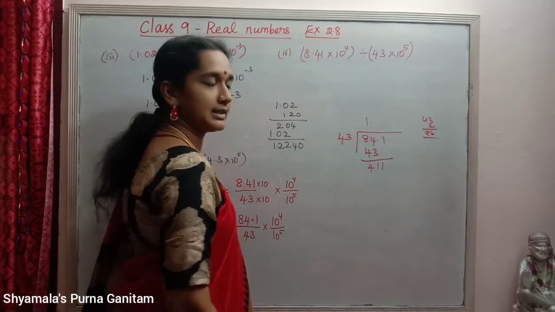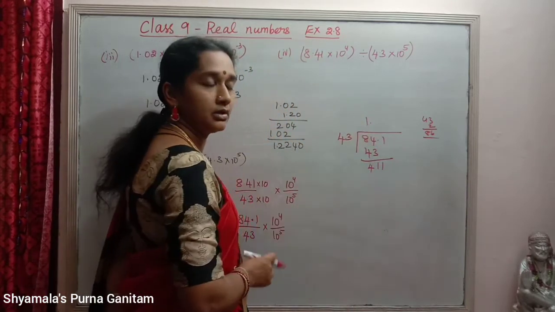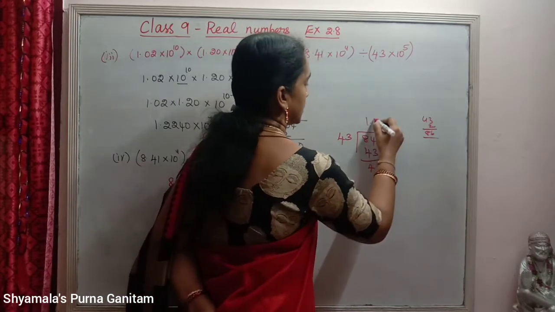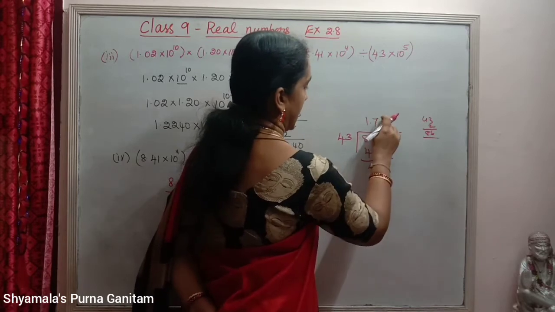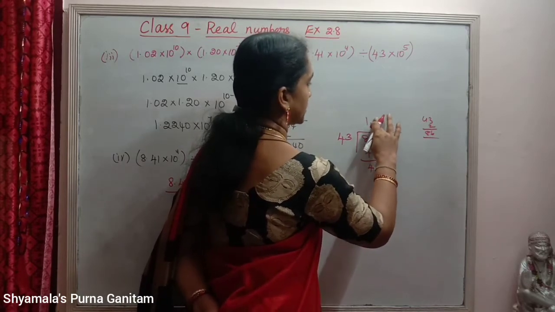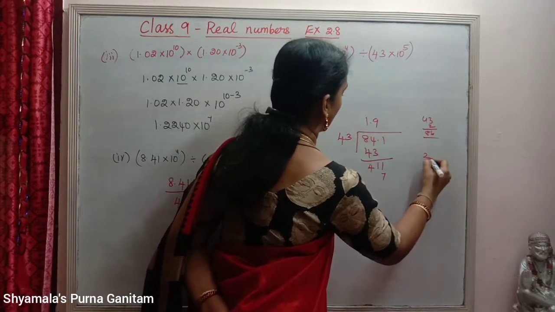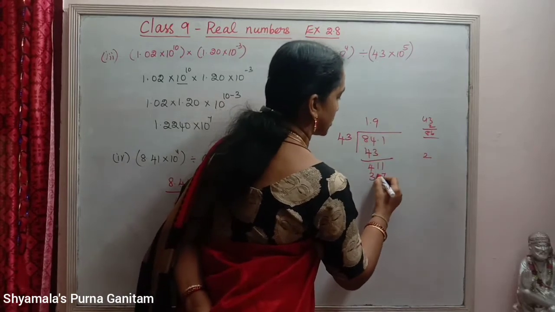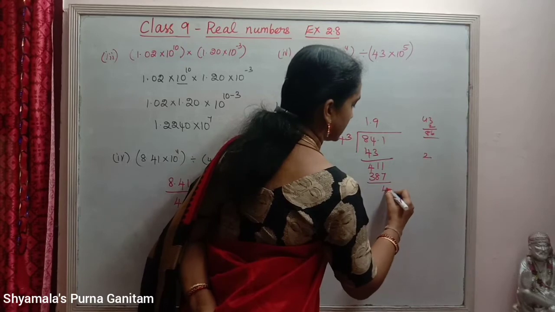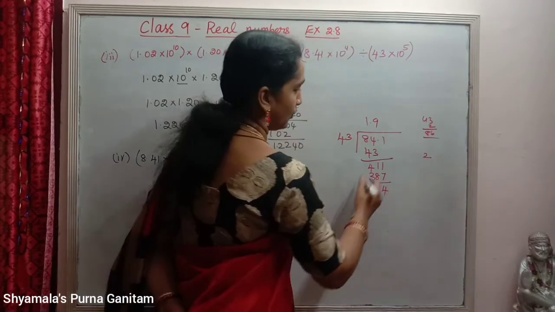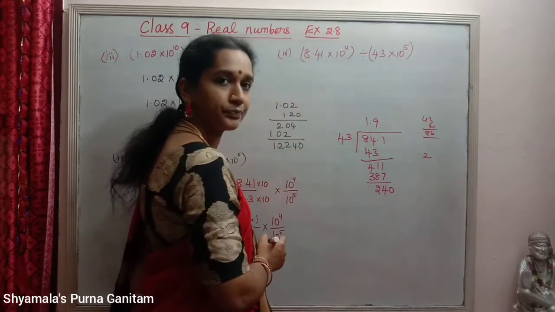Since it is a decimal number, I put a decimal point in the quotient. 411, so 7 times we will try, 8 times, 9 times. 9 3s are 27, 9 4s are 36 plus 2 is 38.